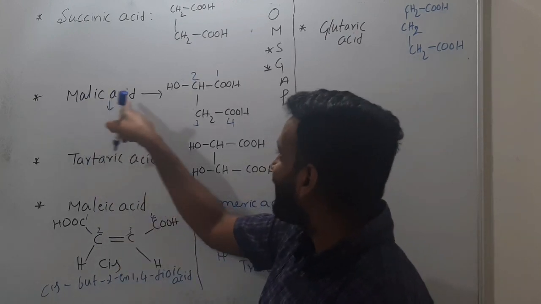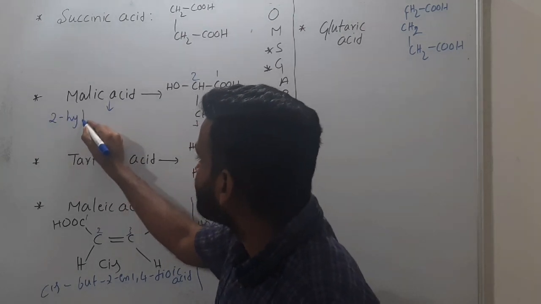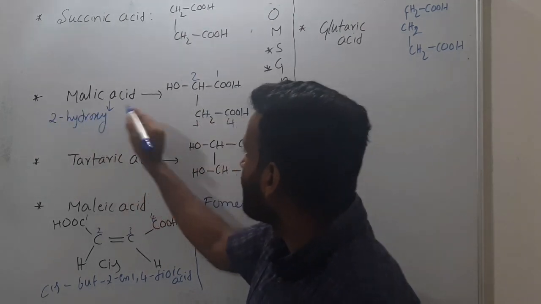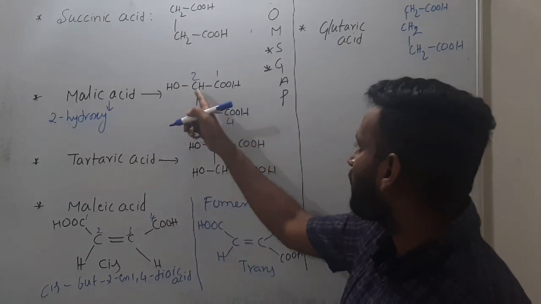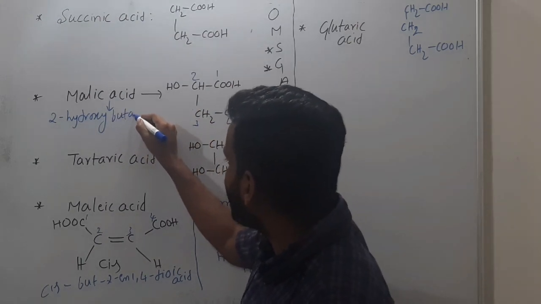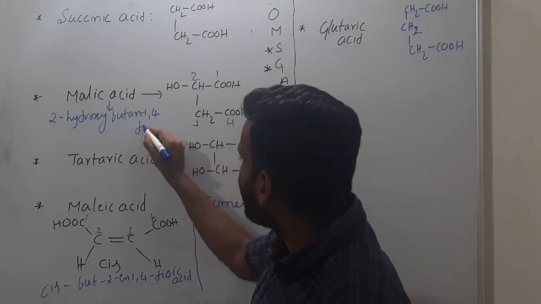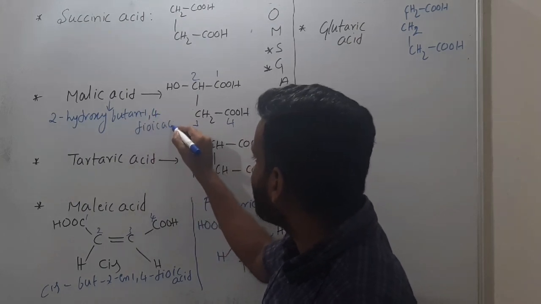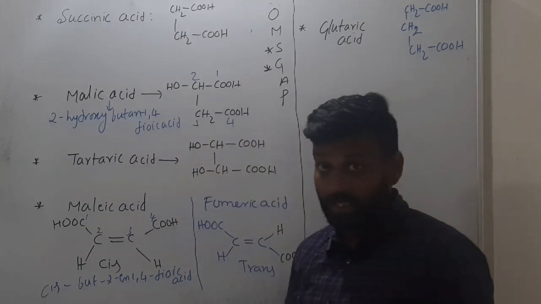So the malic acid IUPAC name is 2-hydroxybutane-1,4-dioic acid. At the second position you have OH, that is hydroxy. Why are you saying second carbon, sir?